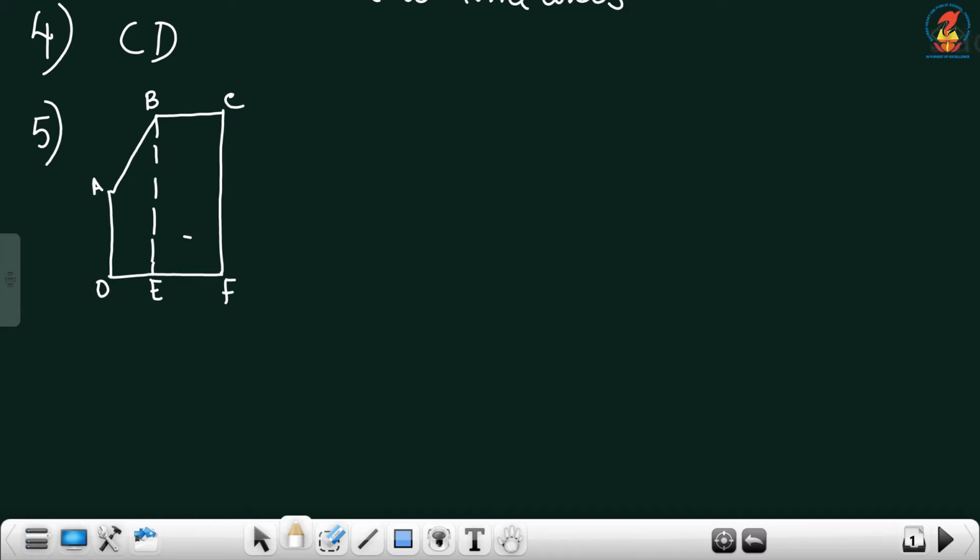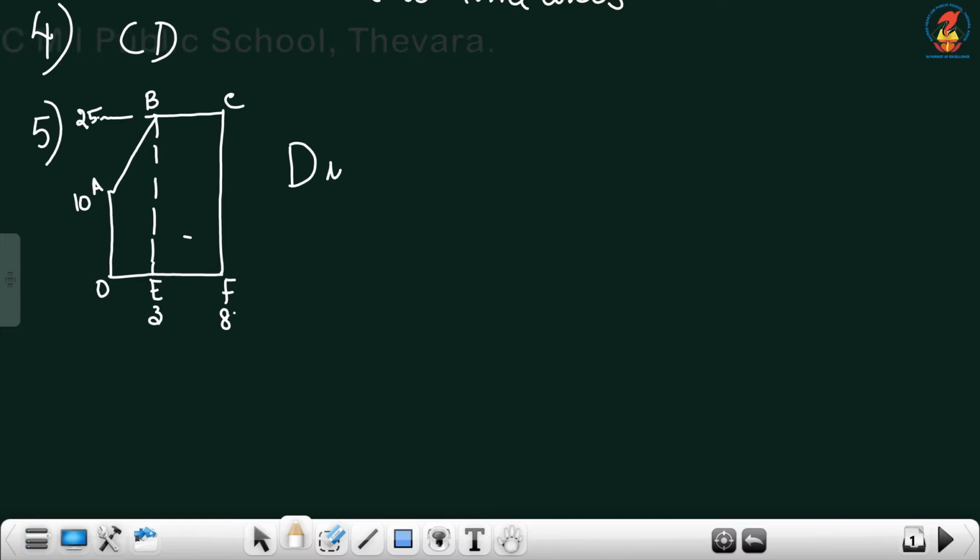Now, I will give the values. Here it is 10, here it is 25, here 3, here 8. So, how will you find the area?